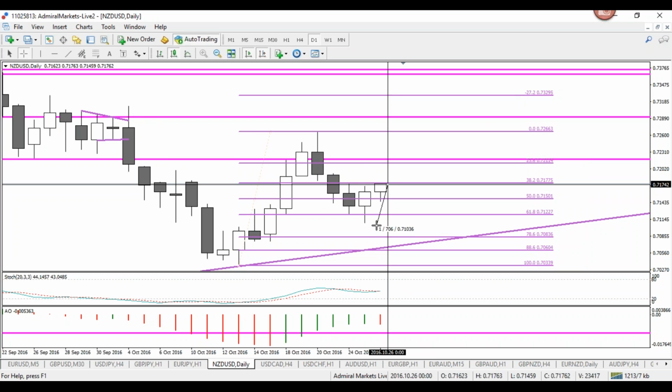Looking at about a 70 pip risk maybe. Well, let's say to go below 71, stop loss would be 79 pips, and going to 73.20 would be about 146. It's about 1.7 reward versus 1 unit of risk. Not bad, I think.